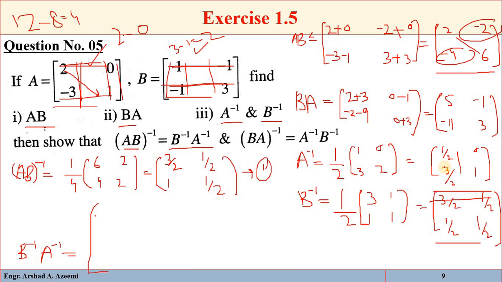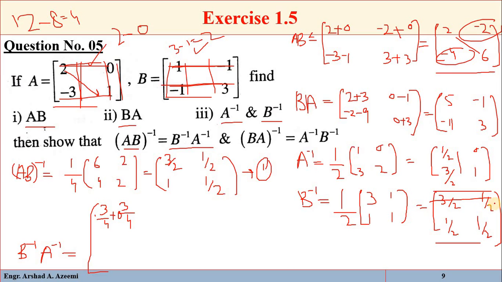So 3 by 2 multiplied by 1 by 2, so it will be 3 by 4 plus 1 by 2 multiplied by 0, it will be equal to 0. Sorry, 1 by 2 multiplied by 3 by 2, it will be 3 by 4.